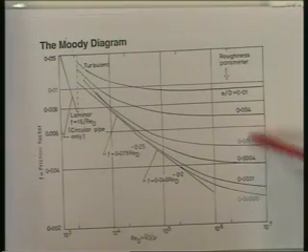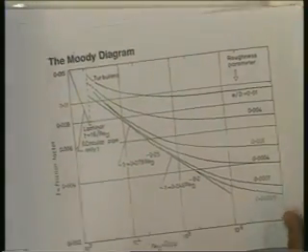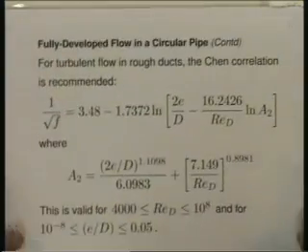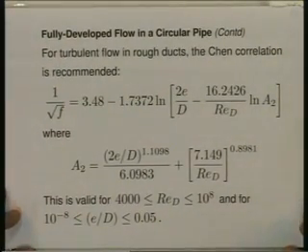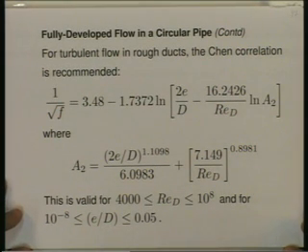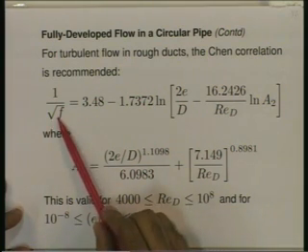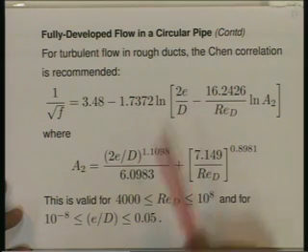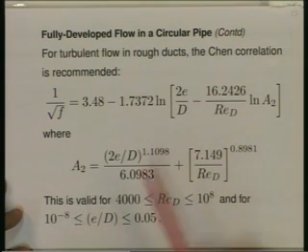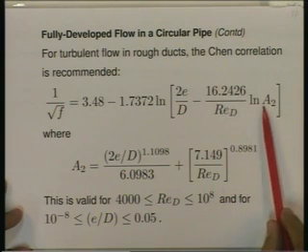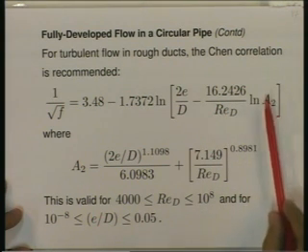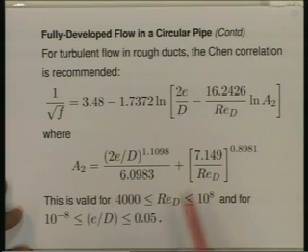Even this data for almost smooth tubes to rough tubes in turbulent flow has been correlated by Chen. And we have a reasonably complex correlation here, where the friction factor is related to e by D, the roughness parameter, Reynolds number, and another intermediate term A2, where A2 also you will notice is a function of Reynolds number as well as the roughness parameter.